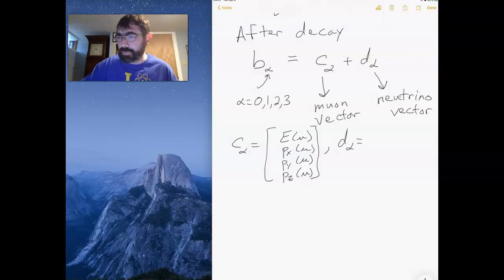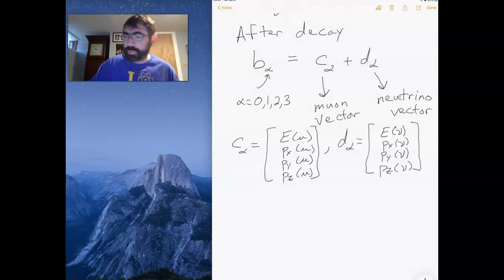D is the neutrino, so that's the energy of the neutrino, px of the neutrino, py of the neutrino, and pz of the neutrino, which means that my vector b is the sum of these terms.